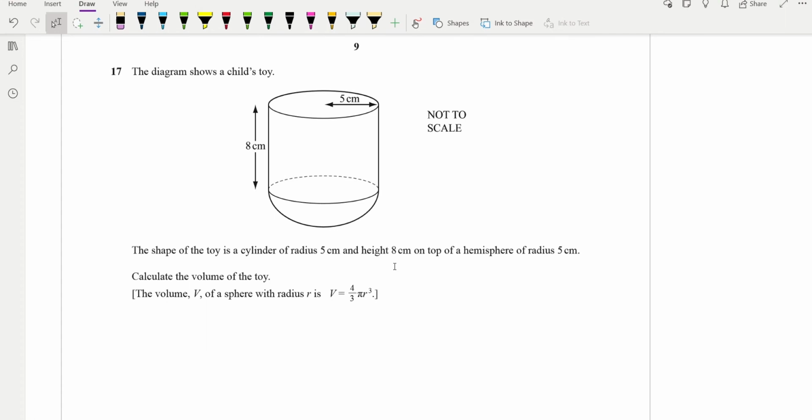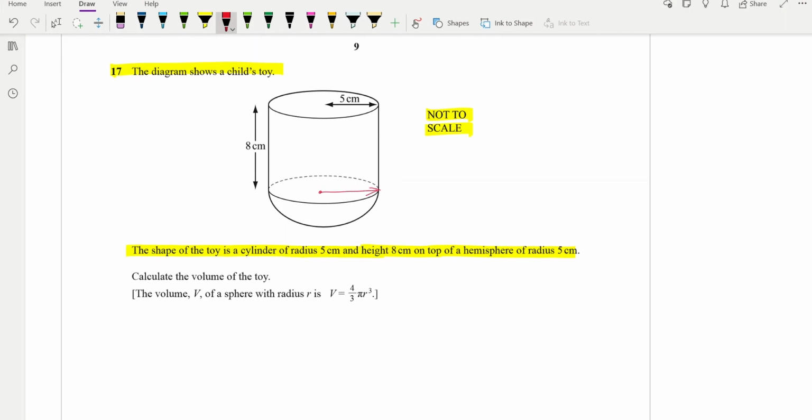Question 17 says the diagram shows a child's toy. The diagram is not to scale. The shape of the toy is a cylinder of radius 5 centimeters and height 8 centimeters on top of a hemisphere of radius 5. So the hemisphere of radius 5 is this one.